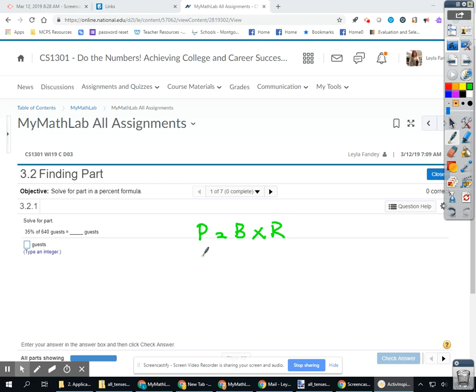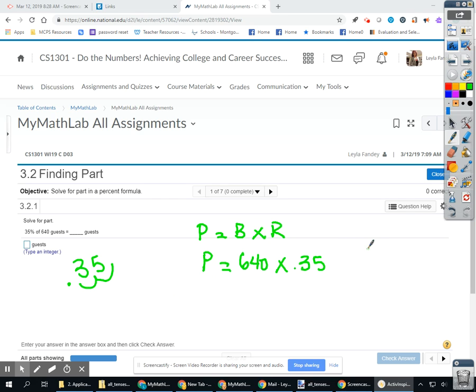We don't have the part. The base is 640. The rate is 35%, which as a decimal would be 0.35. And you multiply that, and then you would get the part.